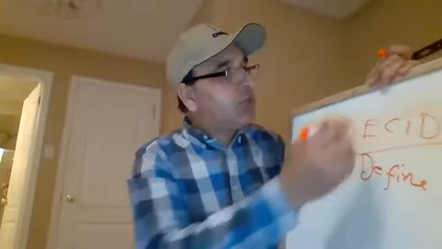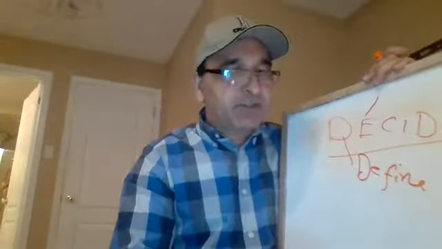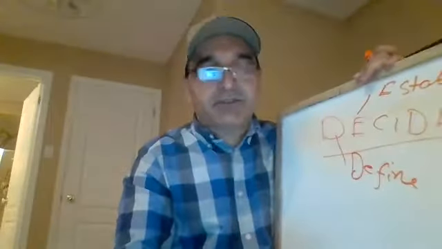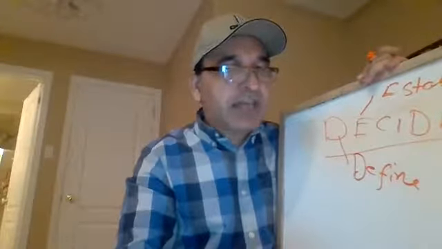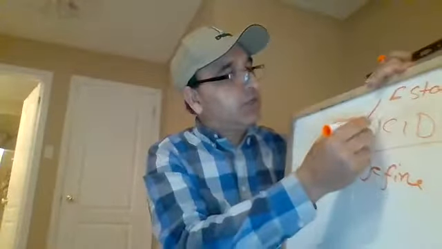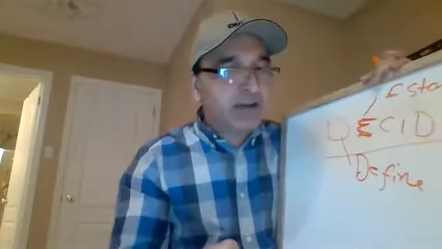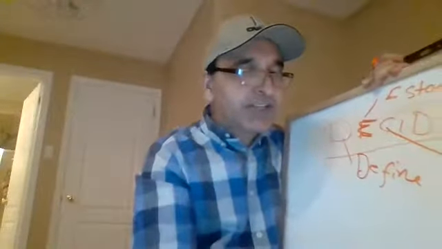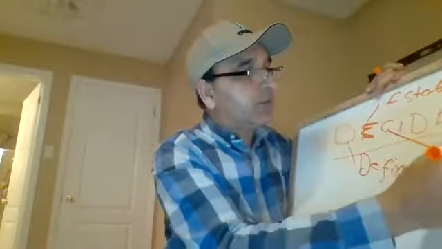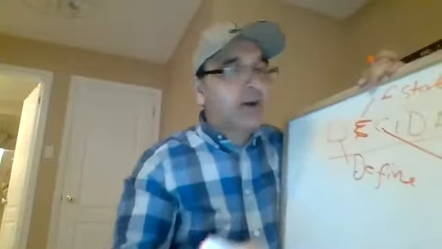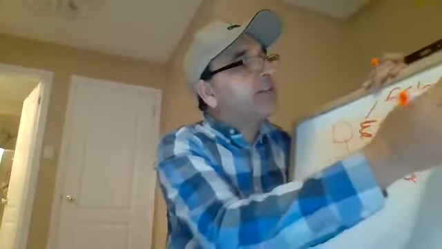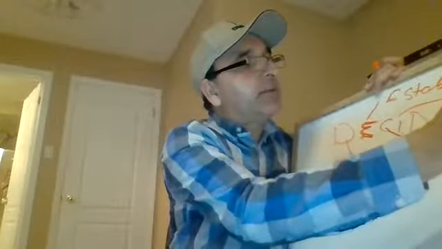And then E is for what? Establish. E is for establish or enumerate. C is for consider or collect. And I is for identify.